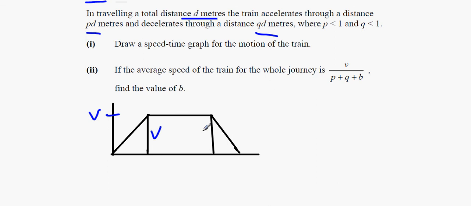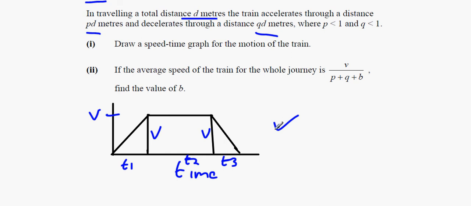That's the velocity, and this is the time. There are 3 different time intervals: t1, t2, and t3. So we're done drawing the velocity time diagram for the question. Now we're on the second part.